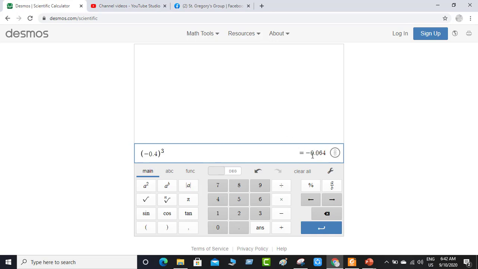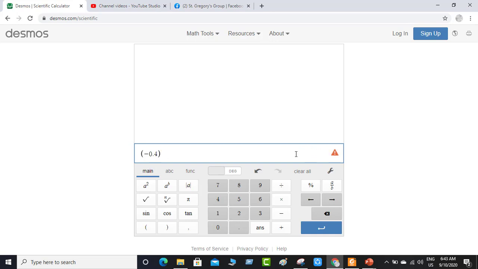Look at this result. The result is very small, close to 0: 0.064. If we put the power 4, it is even closer to 0. If we put 5, it is more close to 0, 0.01, and if we put 6, then 0.004, which is very close to 0.